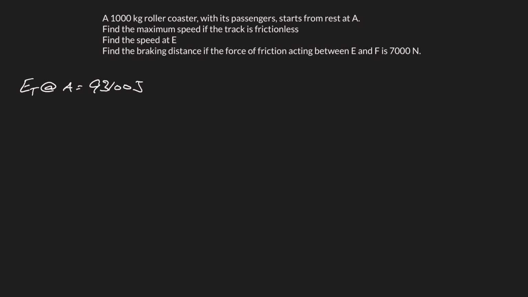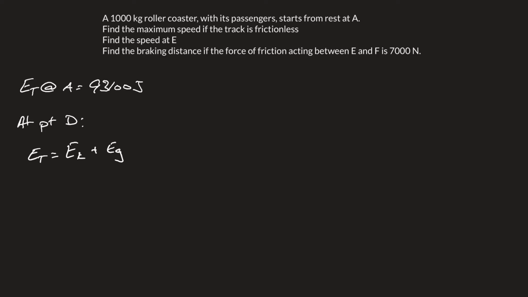What we know is that our total energy at point D is going to be the energy we start with here, and equal to our kinetic energy plus our gravitational potential energy. So we know how much kinetic energy we have, given that we're coming from A with some amount of energy.